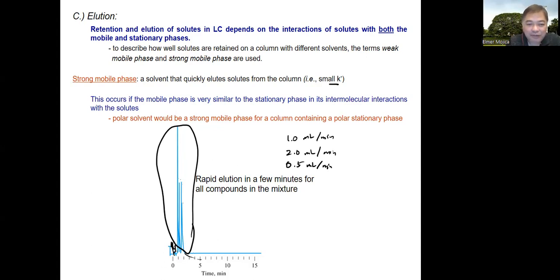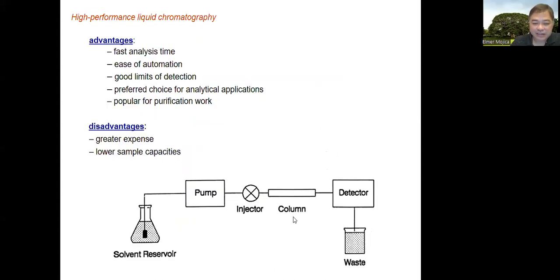So usually a polar solvent will be a strong mobile phase for a column containing a polar stationary phase. You will have a strong mobile phase if it is very similar to the stationary phase in its intermolecular interaction. Okay.